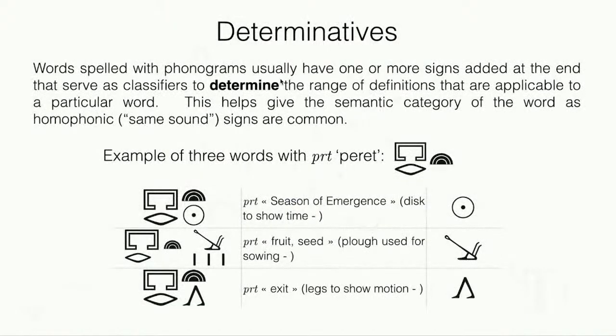Determinative is a common name for these that you'll find in books, but it's becoming a little bit more outdated as time goes on. The preferred name for this function of glyphs would be classifiers, because that will help people understand that the ancient Egyptians classified their words in different categories.